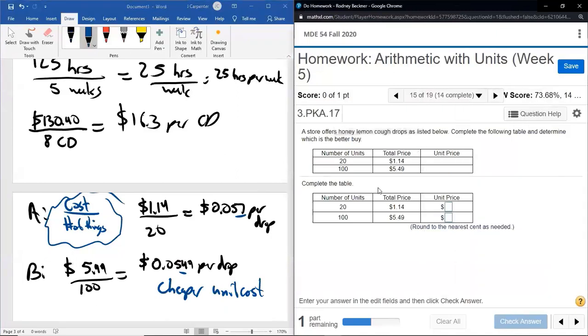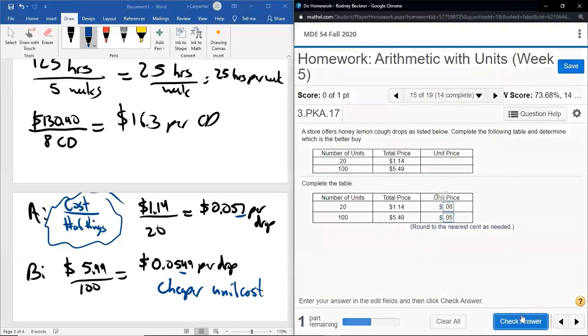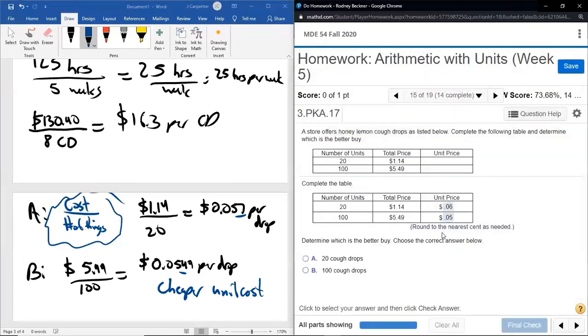All right, so they say to complete the table, round to the nearest cent as needed. So they do tell us to round to 0.06 for the first one and 0.05 for the second one. But those were very close to being incomparable there, in which case they would have said to round to 3 or 4 decimal places if they needed it. So let's check it. There we go.